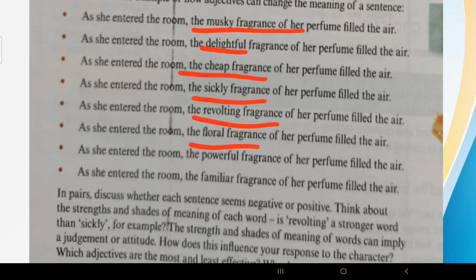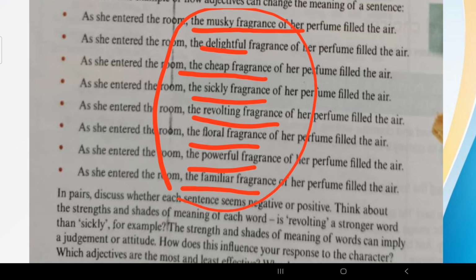As she entered the room, the powerful, again that shows that she is a commanding personality. As she entered the room, the familiar, that means the people present there know who she is. So this choice of words changes the meaning and introduces the character in a different manner.